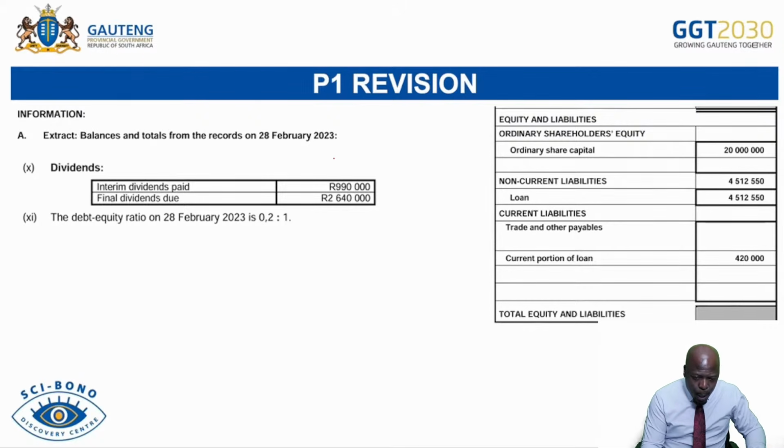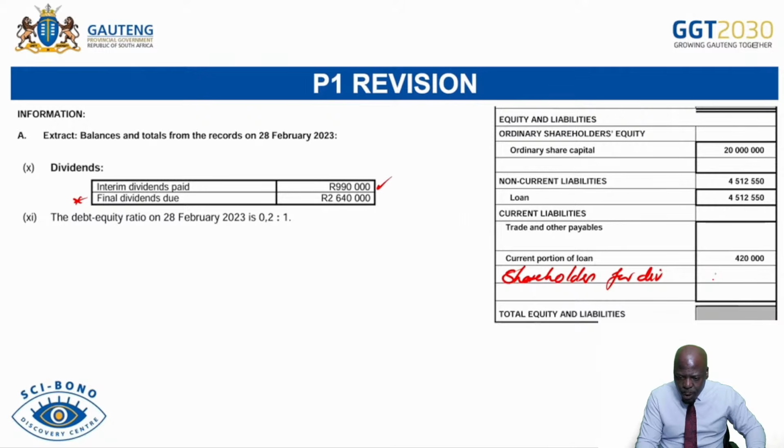So we are given information here, and we're told interim dividends paid. They will not appear anywhere on your statement of financial position, but final dividends, they say due. So these are your shareholders for dividends. I'm going to come here, just under my current portion of loan, and say shareholders for dividends.